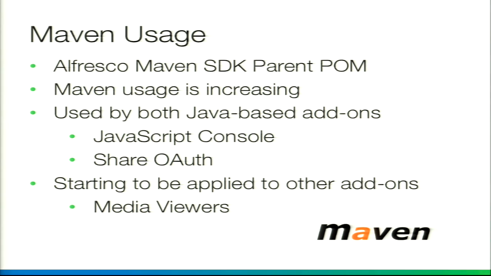I think based on that, myself and Florian, who's the owner of the JavaScript console, looked at that and said, hey, we can use this a lot more, certainly with a new project and also for some existing projects. So we're really increasing the use of Maven now, and that came from someone forking the project saying, I really think you can do this better.